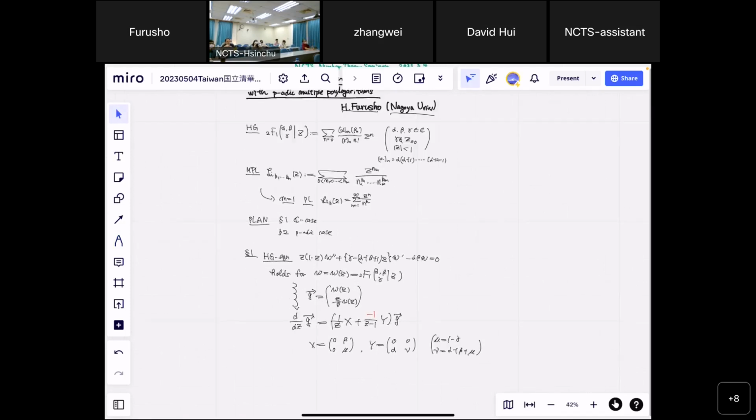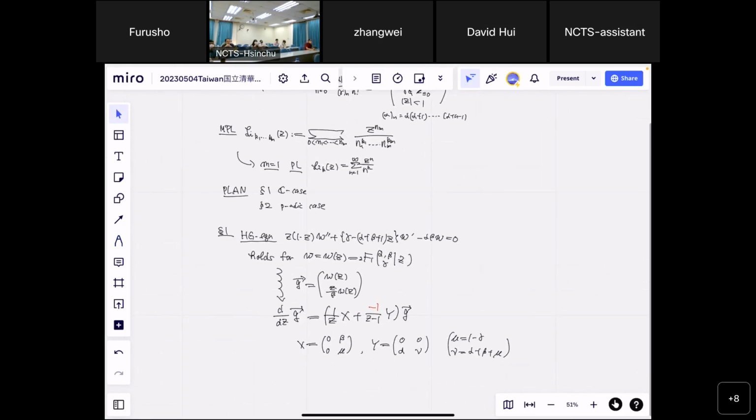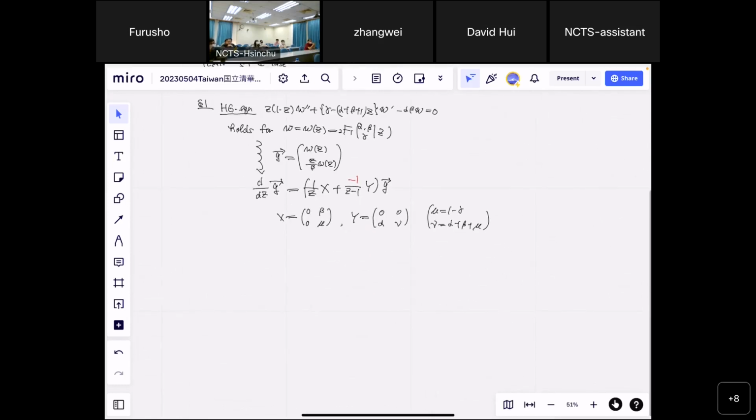This is a reformulation of the hypergeometric differential equation. Here X and Y are 2 by 2 matrices, and G is a two-dimensional vector. This is very simple, right? You can check it by yourself by hand. This is the hypergeometric equation.